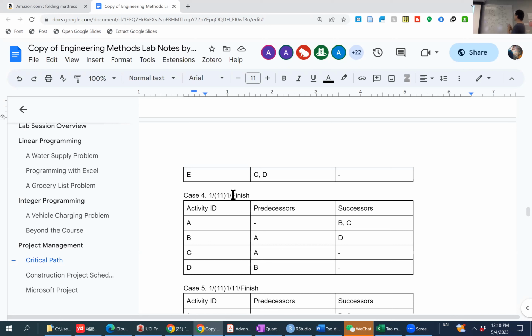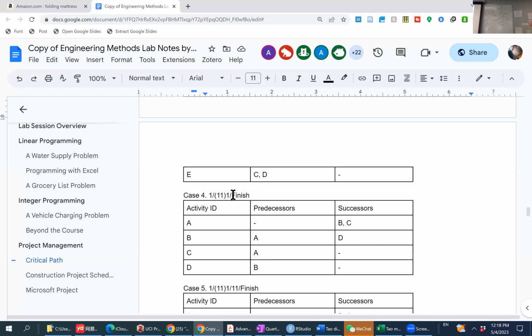Yeah. So as you can observe, sometimes the AOA way needs to have some dash arrows to point to the finishing node. At the same time, sometimes the AON diagram needs to create a dummy node to represent the finishing activity or finishing point.